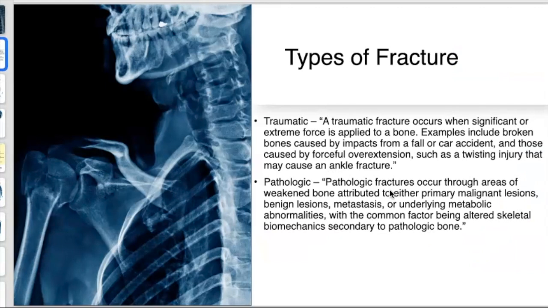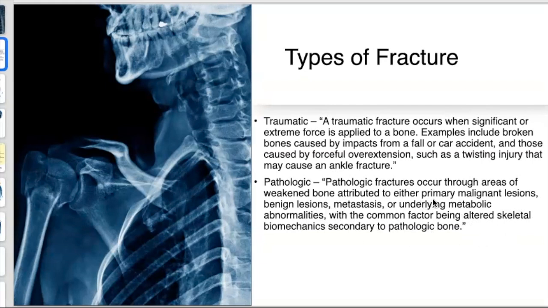Okay, let's read. Pathologic fractures occur through areas of weakened bone attributed to either primary malignant lesions, metastasis, or underlying metabolic abnormalities, with the common factor being altered skeletal biomechanics secondary to pathologic bone.